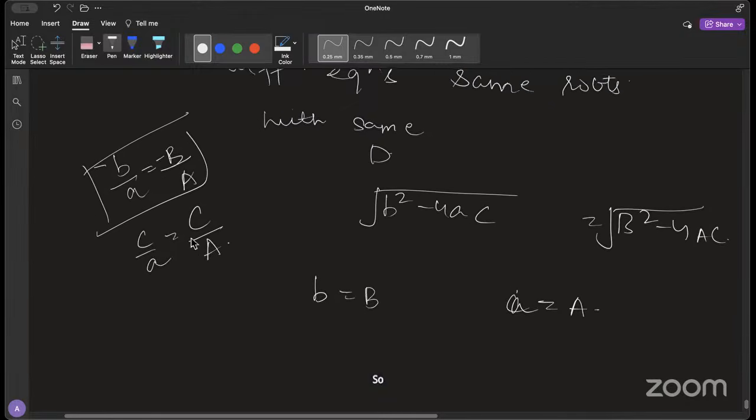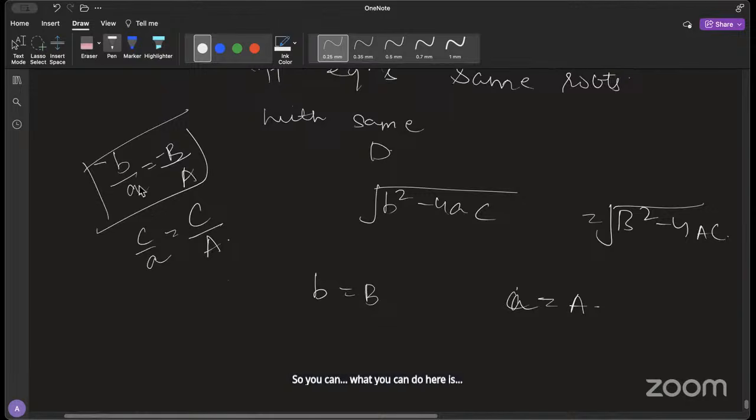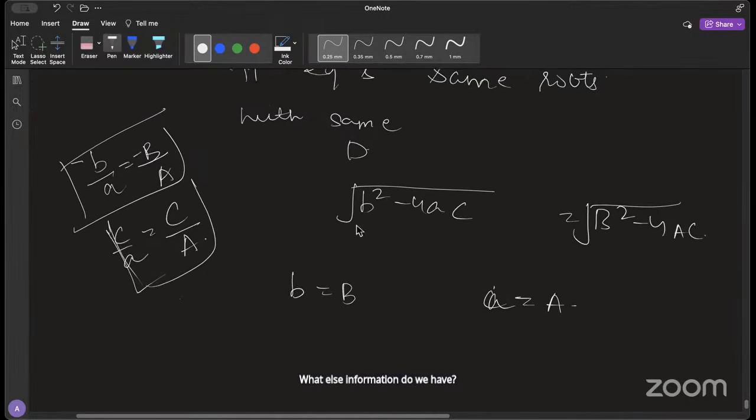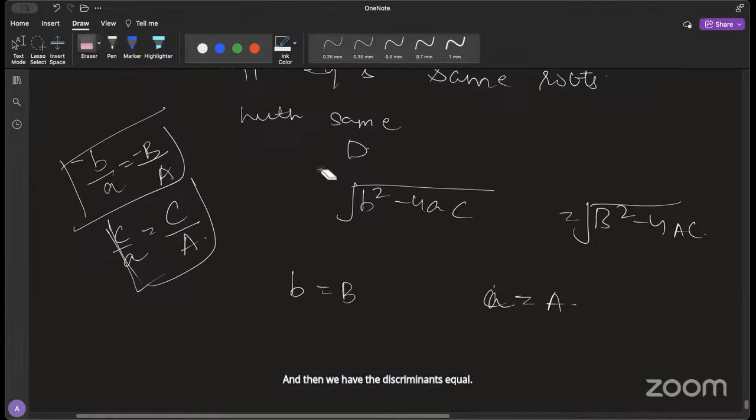So what you can do here is write these capital ones in terms of small ones, right? Can we do that? What else information do we have? And then we have the discriminants equal. That means this thing is equal.